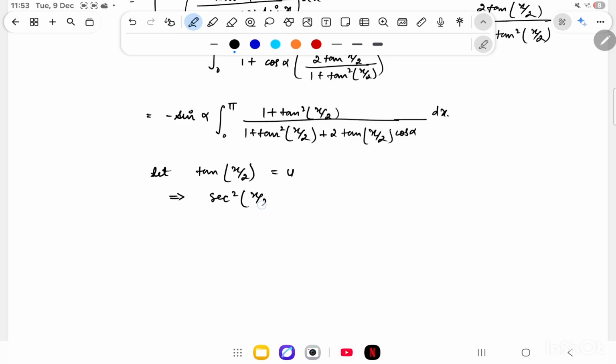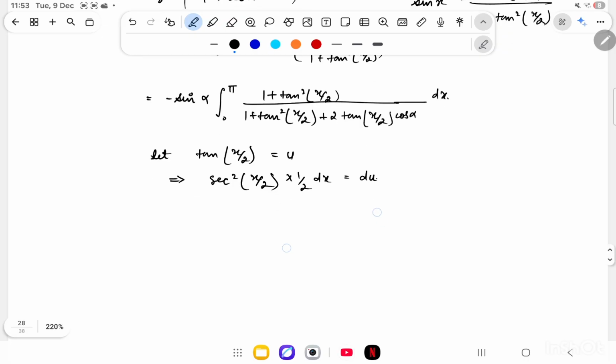sec square x by 2 times 1 by 2 dx equals du. And if we see the change in limits, when x is equal to pi, u approaches infinity, and when x is equal to 0, u approaches 0. So the given integration reduces to minus sin alpha times the integral from 0 to infinity.